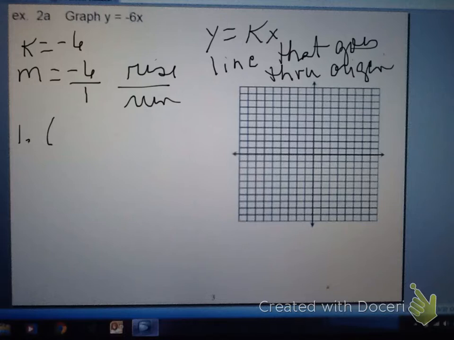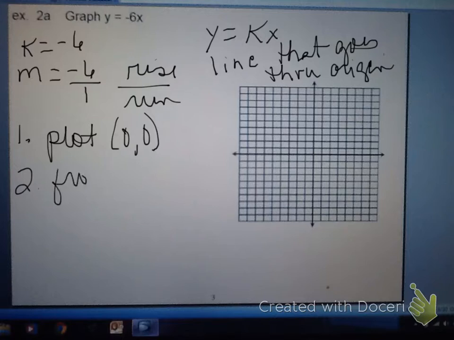So step 1, we want to plot the point 0, 0. That is the origin. Step 2, from the origin, we're going to move the slope.